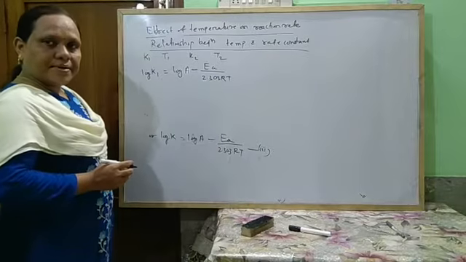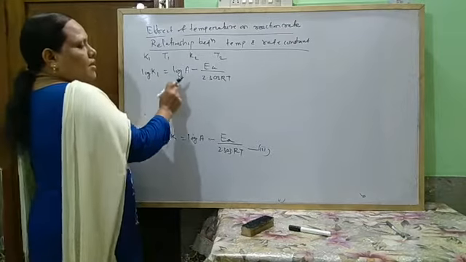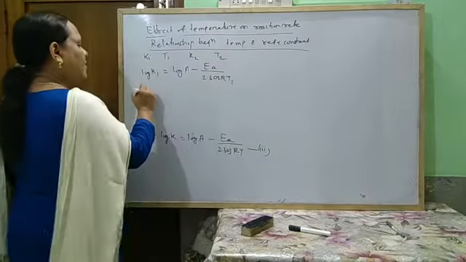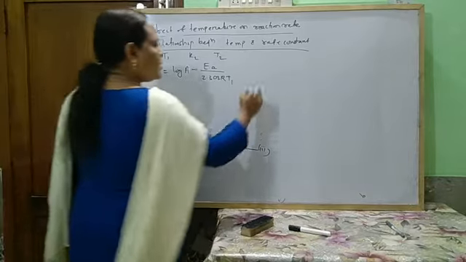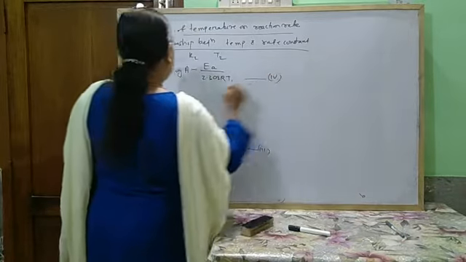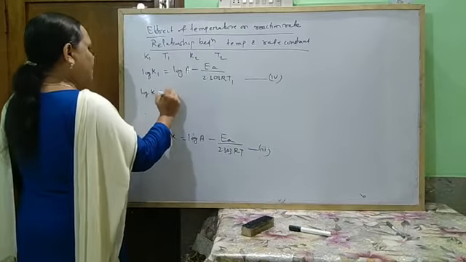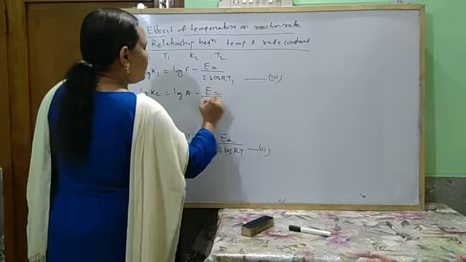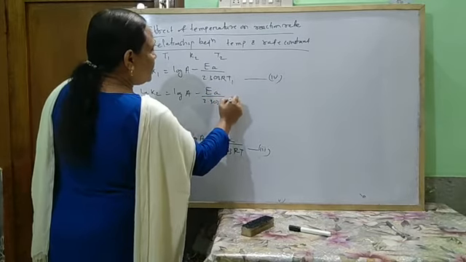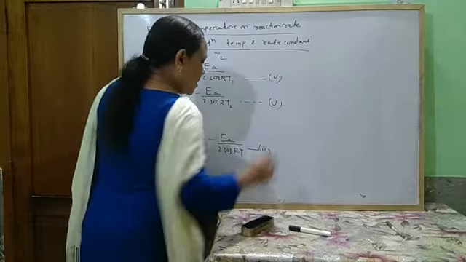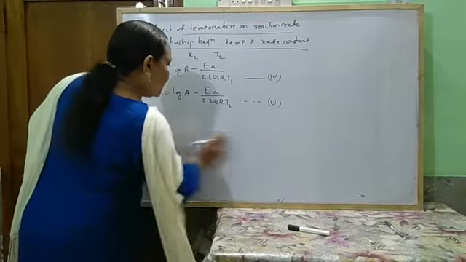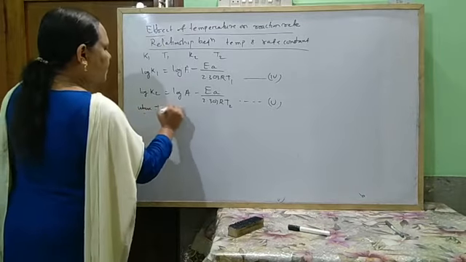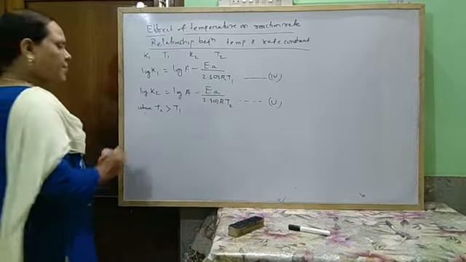So this is equation 4, and log k2 equal to log A minus Ea by 2.303 RT2, which is equation 5, where T2 is greater than T1.